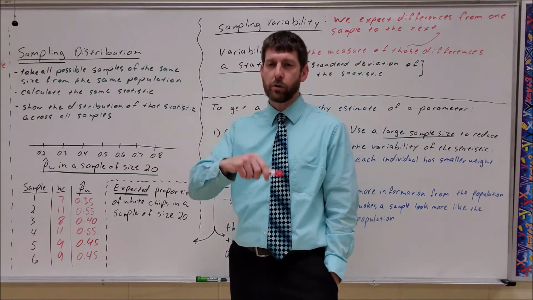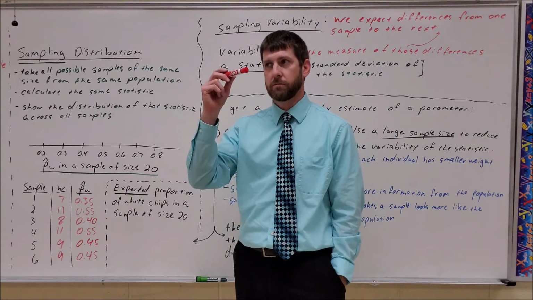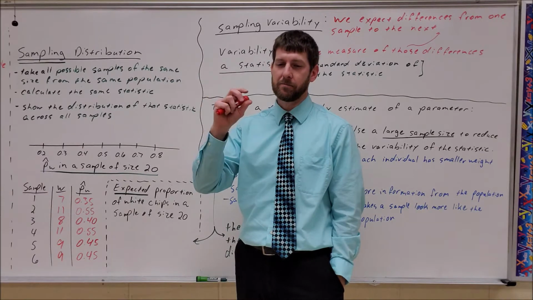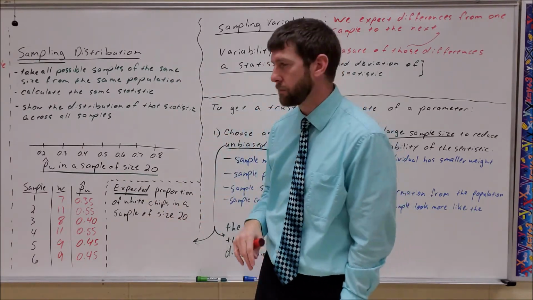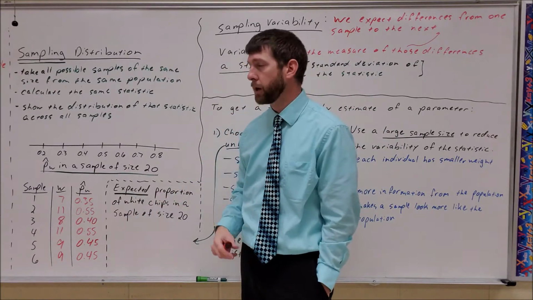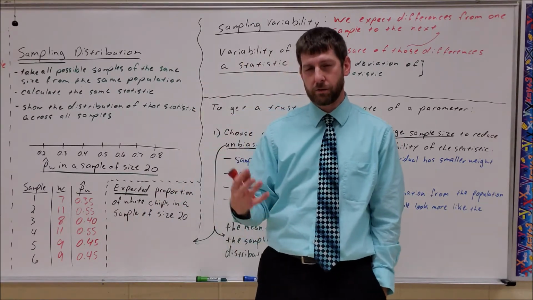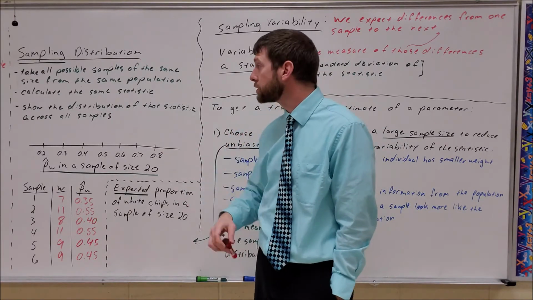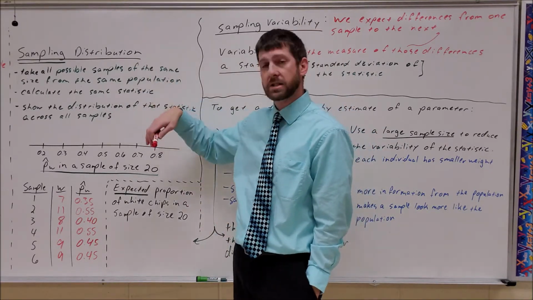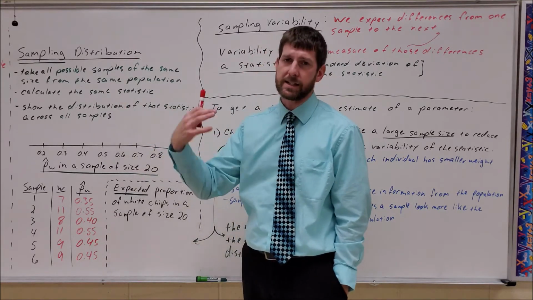Now, we don't ever sit down and do every single one. What we do is we look at theoretically what would happen based on the way the population's characteristics are distributed throughout. But we're going to use this phrasing, so I'll make sure we understand. Sampling distribution is not one sample, it's all possible samples. Once we've got all possible samples, we're going to calculate the same statistics.